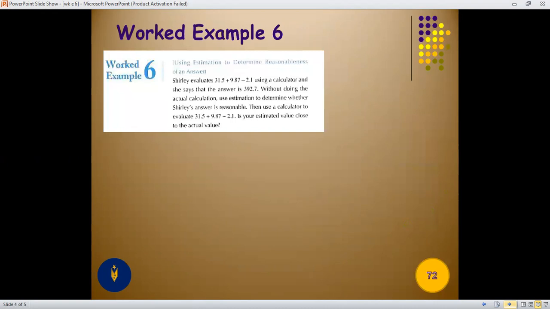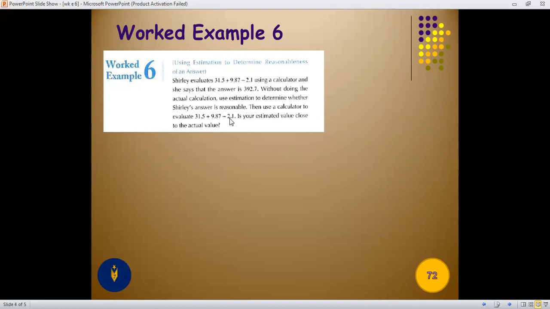Let's read out the statement of the example. Shirley evaluates 31.5 plus 9.87 minus 2.1 using a calculator, and she sees that the answer is 392.7.